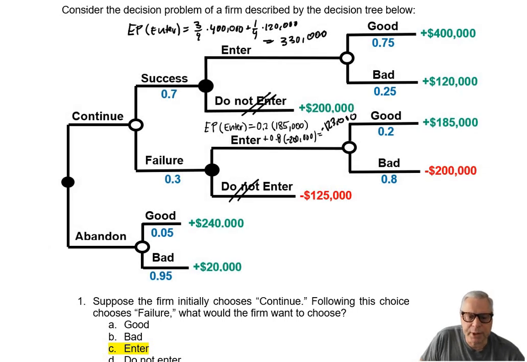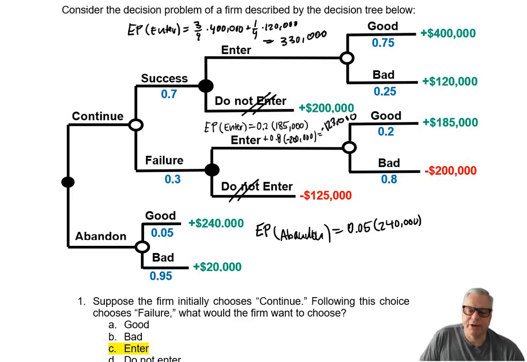The expected payoff from abandon is a 5% chance that we get 240,000, plus a 95% chance that we get 20,000.